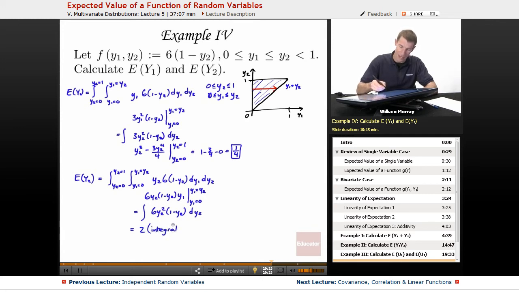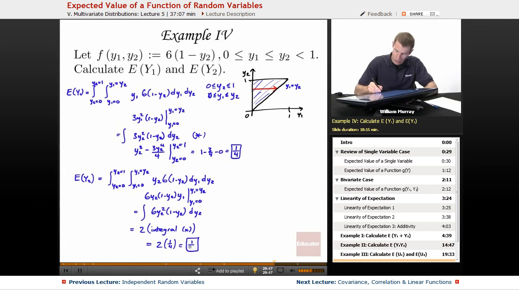Maybe I can flag that here with a star. So this is 2 times integral star. And so if I evaluate that integral, what I'll just get is 2 times the answer that I got above. So 2 times 1/4, and 2 times 1/4 is just 1/2. So that gives me an answer for the expected value of y2 of 1/2.